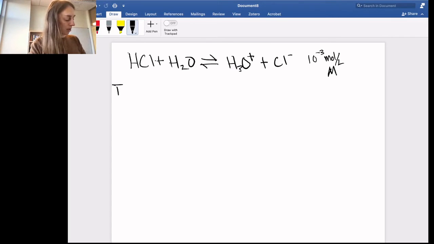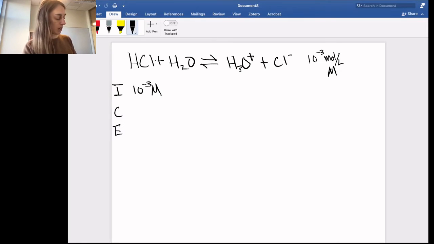Again, we're going to use our ICE table. This is a very simplified version of it though. We have an initial concentration of 10 to the minus 3. Because we're dealing with pure water, we don't have to worry about it in this situation.